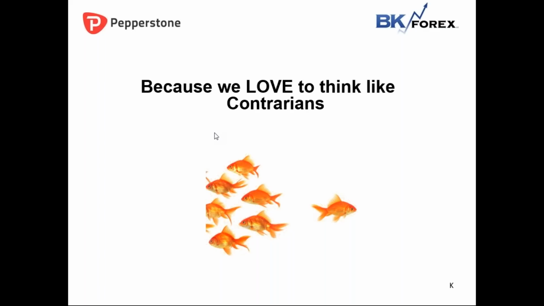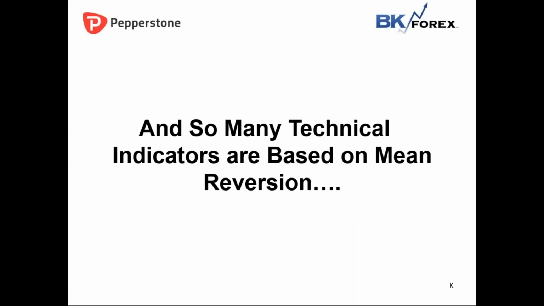And that's why we tend to translate that type of sentiment into trading, because we like to think like contrarians. It's also because many technical indicators are mean reversion indicators, meaning that they're designed to help you pick tops and bottoms.